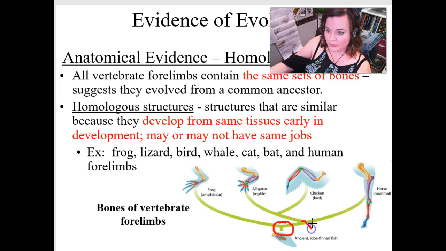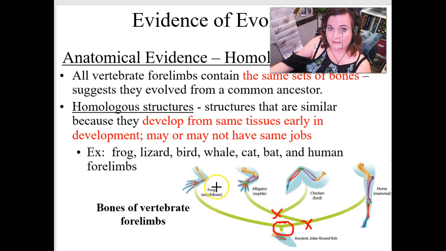Wherever we see another branching point, there was another common ancestor. So at one point, the horse had a common ancestor with the chicken and the alligator. It was more recent than when the horse had a common ancestor with the frog. And the chicken and the alligator had a more recent common ancestor yet.